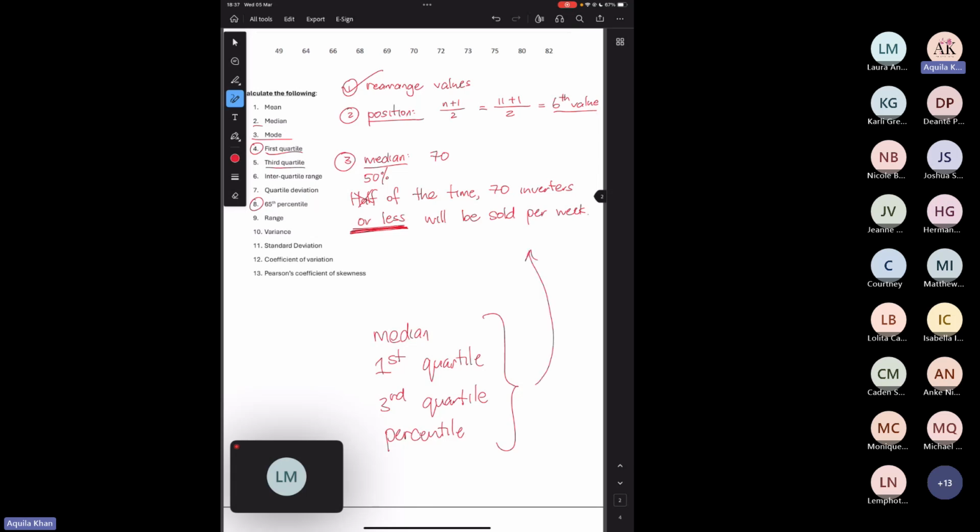It will always be rearranging the values, determining the position, and then calculating whatever it is, the median or the quartile or the percentile. So let's carry out these steps for your first quartile. I'm just going to change 1 or 2 things here, which are going to be different.